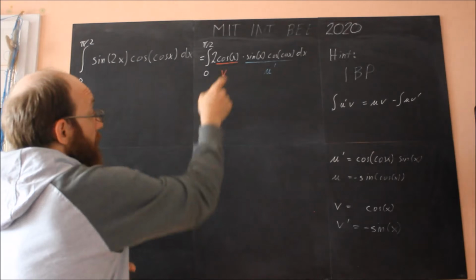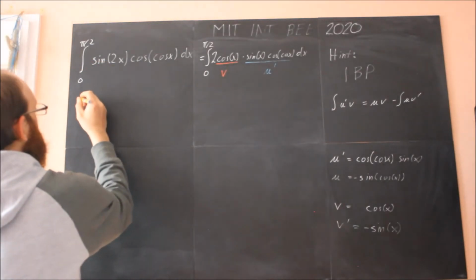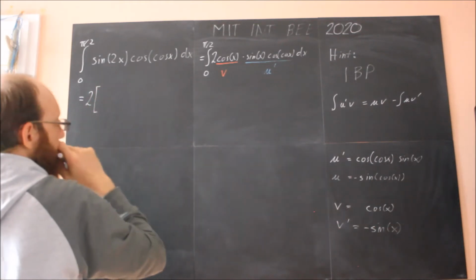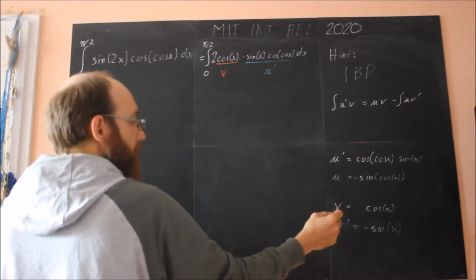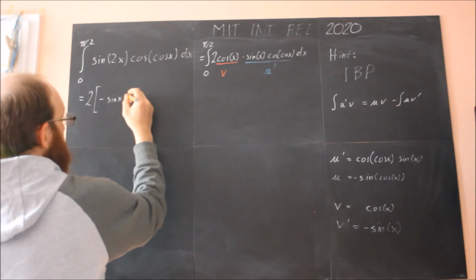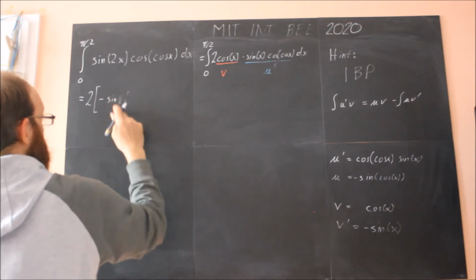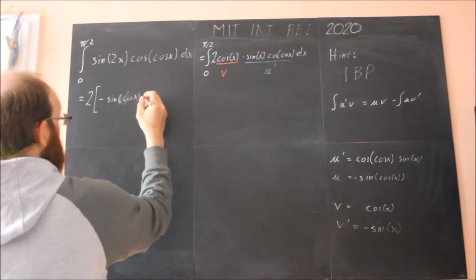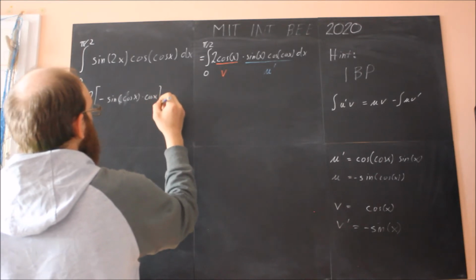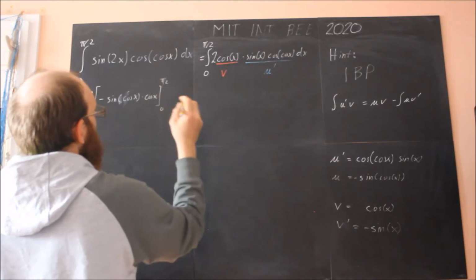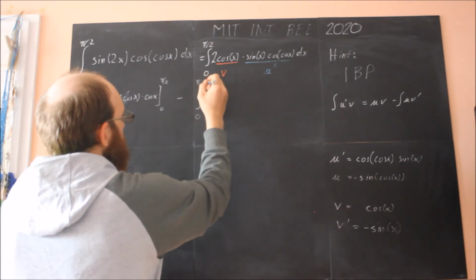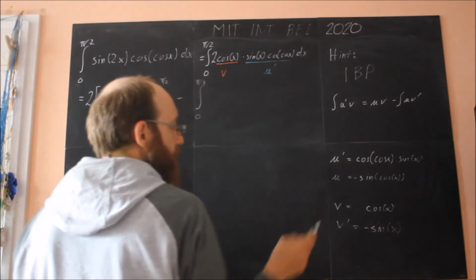We bring the 2 to the front, so it's 2 times u times v, where u is minus sine of cosine x, times v, cosine x, from 0 to pi over 2, minus the integral from 0 to pi over 2 of uv prime.